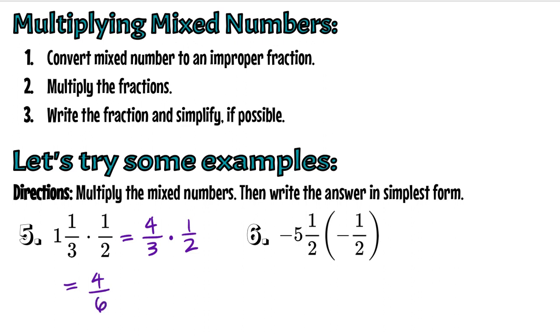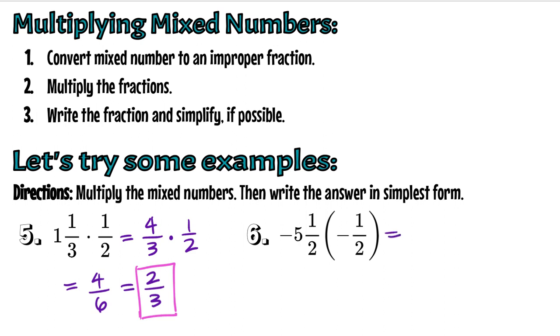And hopefully you notice here that this fraction can be reduced because the numerator and denominator both divide evenly by 2. So 4 divided by 2 is 2, and 6 divided by 2 is equal to 3. So this product is 2/3.